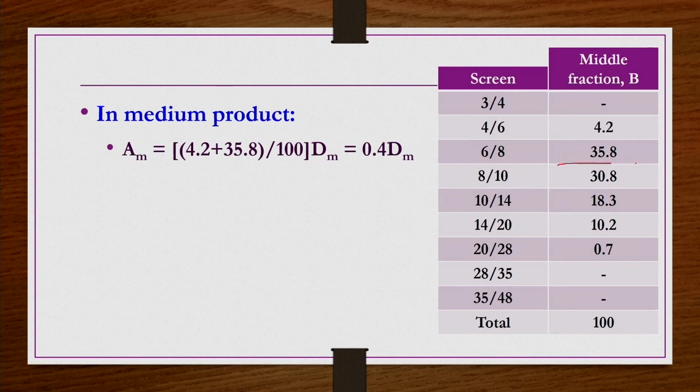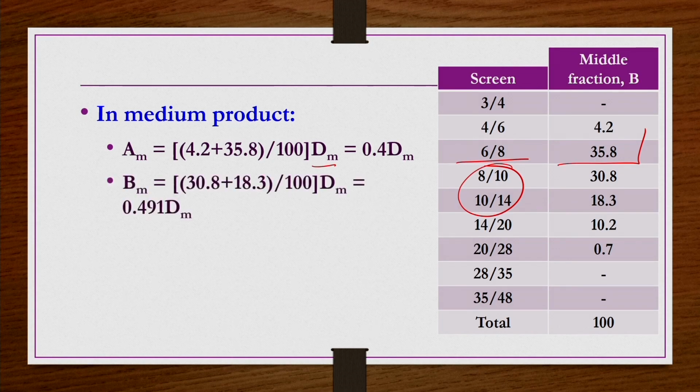Similarly, in the middle product, what is the coarse fraction? That is up to 8 mesh, that is 4.2 plus 35.8 divided by 100 multiplied by dm, that is 0.4 dm. Similarly, the medium fraction in this middle product is Bm equals 30.8 plus 18.3, because that is passing through 8 and retaining on 14, designated as the medium one.